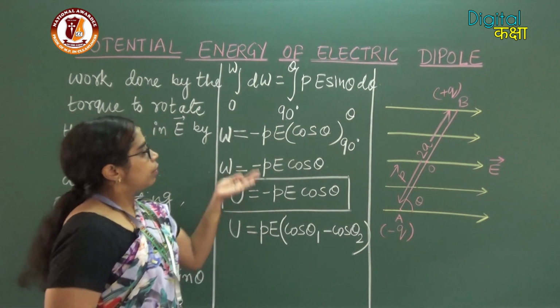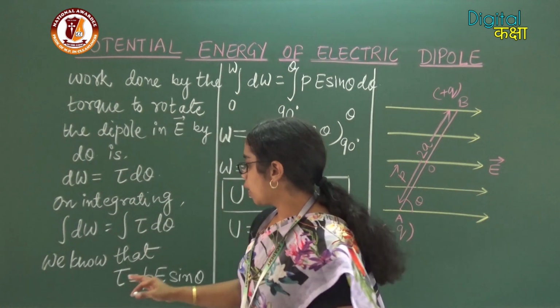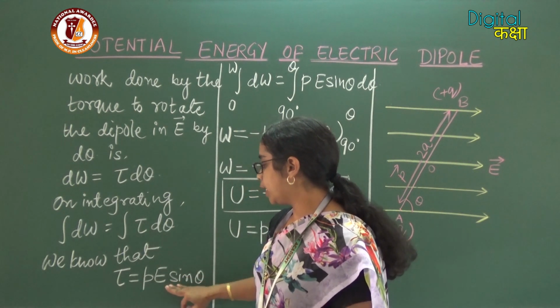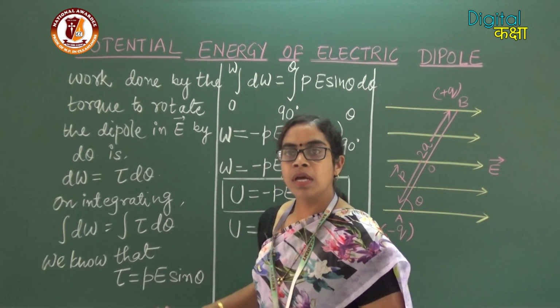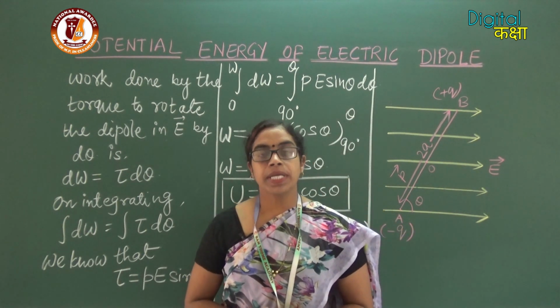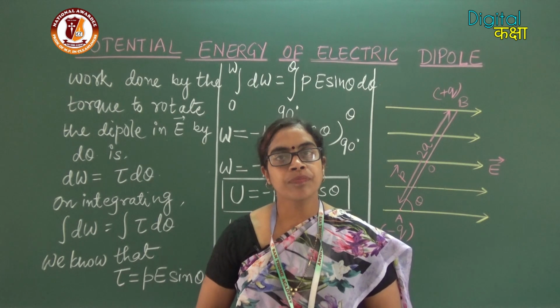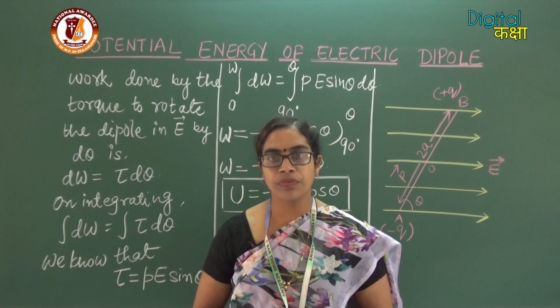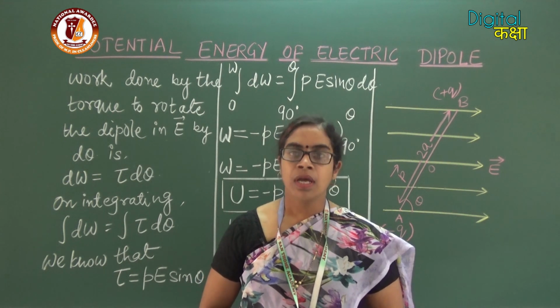Now, the formula for the torque is tau is equal to PE sin theta. When the value of the torque on the dipole becomes equal to 0, that condition is called the condition of equilibrium.